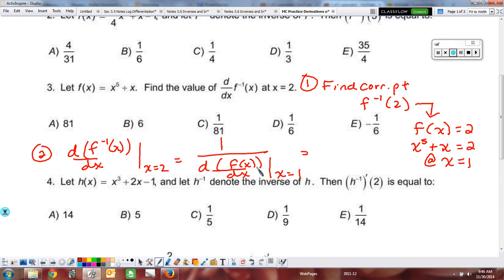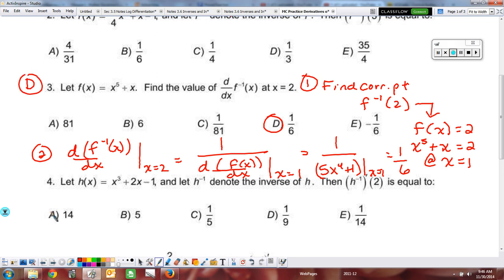So I basically need the derivative of f of x. The derivative of f of x is 5x to the fourth plus 1, and we're going to evaluate that at x equal to 1. So that's going to give us 1 over 5 plus 1, or positive 1/6. So the answer is D.